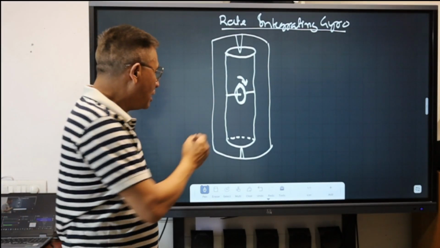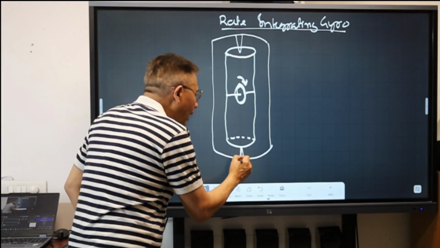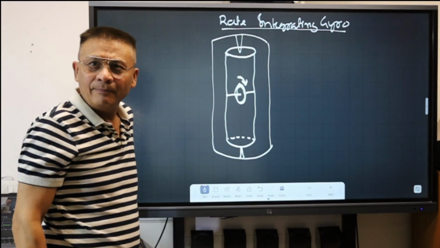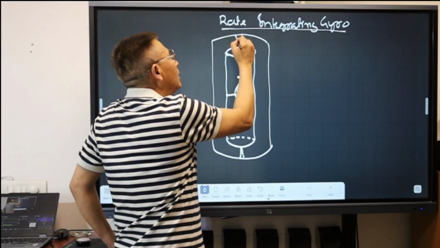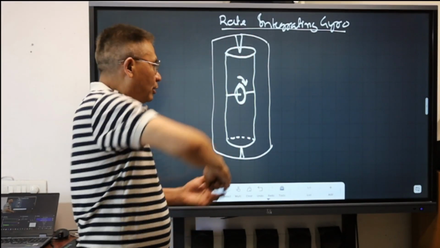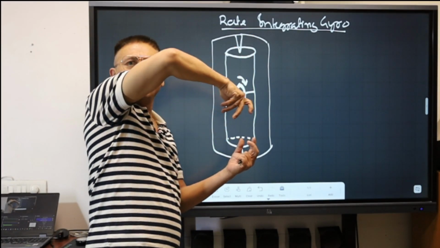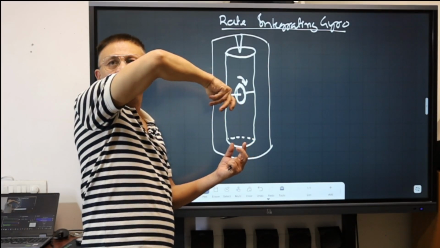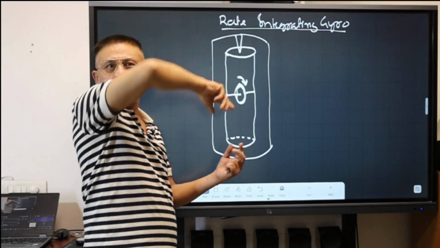This can is pivoted at another can, which is the outer can. So this inner can is free to rotate like this, right? The inner can will be free to rotate like this.